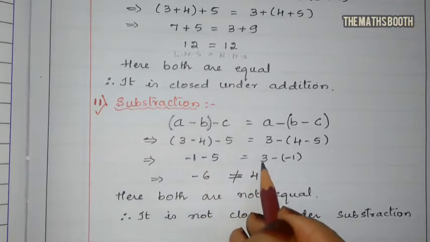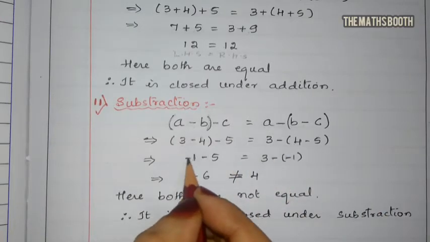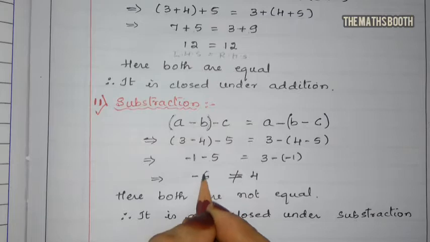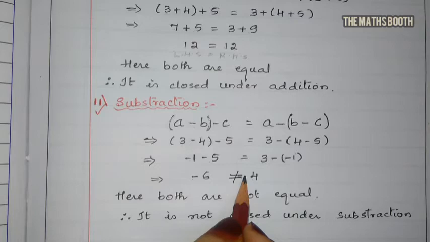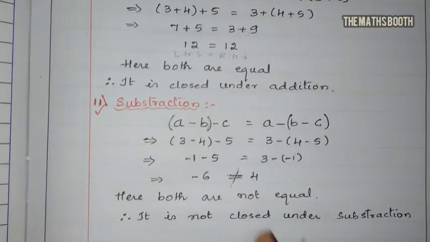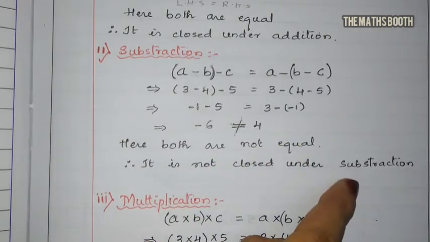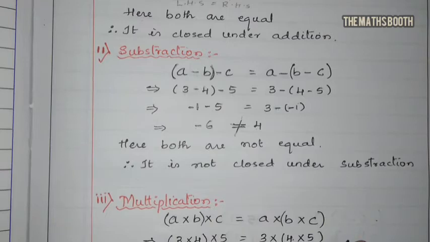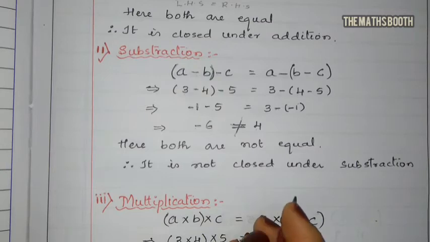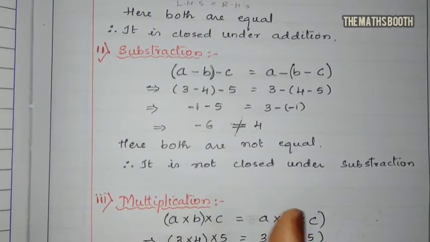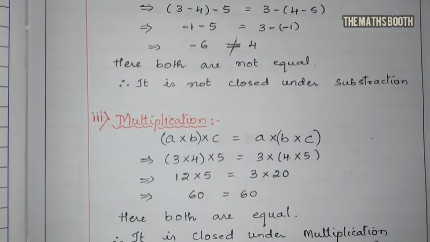On the right, 3 as it is, minus sign as it is, 4 minus 5 is minus 1. Minus 1 minus 5 is minus 6, and here minus minus is plus, 3 plus 1 is 4. Is minus 6 equal to 4? No, it is not equal to 4. Here both are not equal. Therefore, it is not closed under subtraction. One more sentence you can write: subtraction is not associative.